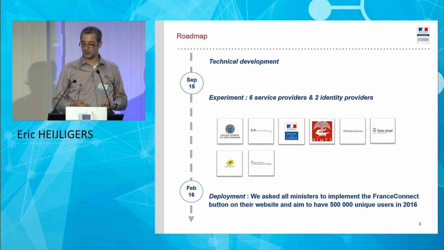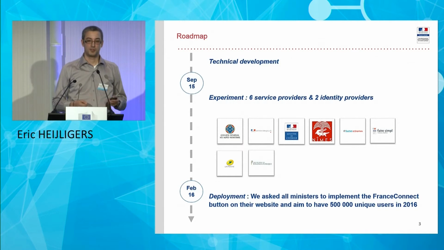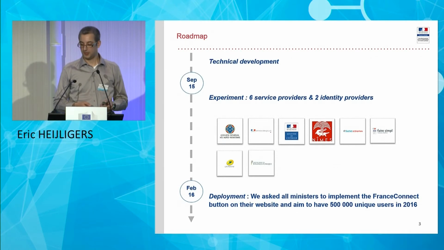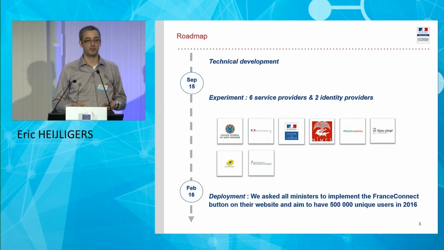So what has been done? In September 2014, one year before, we began the development of the project in agile mode with all the public partners, and we built the program. And in September 2015, we began an experiment with 6 service providers and the 2 identity providers I told you before.